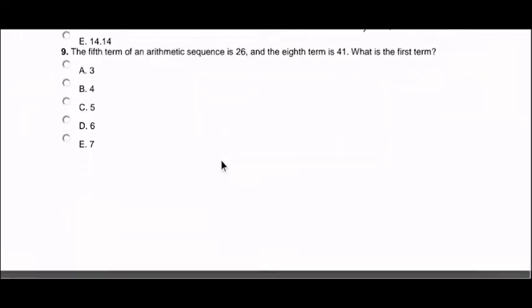On to question 9. The fifth term in the arithmetic sequence, so arithmetic is really important here, is 26, and the eighth term is 41. So Tn is our formula, which is a, the first term, plus n minus 1 by d, where d is the difference between two consecutive terms.